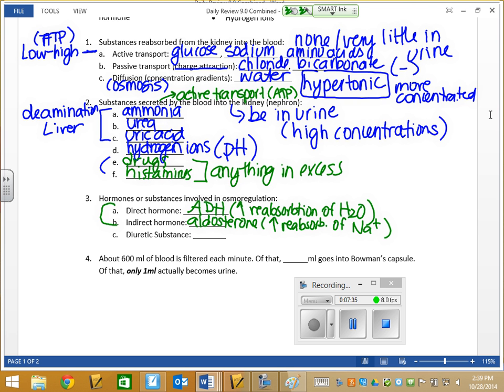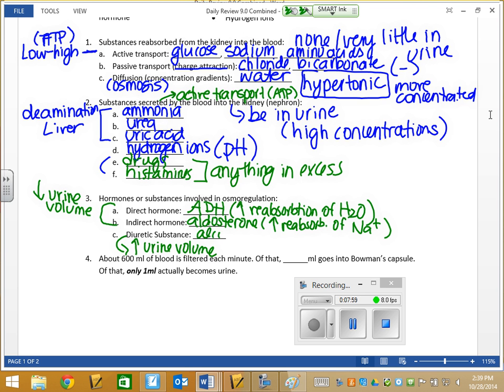Both of these things would decrease your urine volume. They will make you pee less. There will be less water for you to excrete. Anything that is a diuretic is something that will do the opposite. Diuretics increase your urine volume.